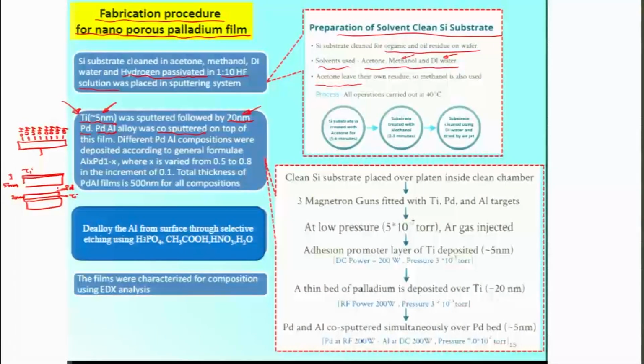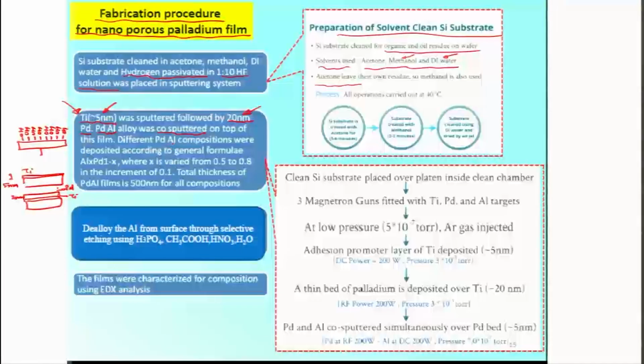Both the palladium and the aluminum are knocked off together with the common plasma that is created, and this palladium aluminum composition is deposited according to the general formula AlxPd1-x, where x is varied between 0.5 and 0.8. So, there are cases where aluminum is 50% and palladium is 50%, and cases where aluminum is higher, 80%, and palladium is 20%. We deposit this in increments of about 0.1, or 10%, and the total thickness of the palladium films deposited in this manner is about 500 nanometers.